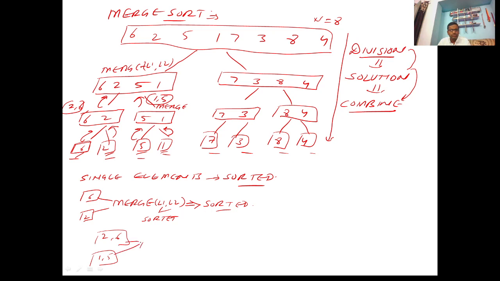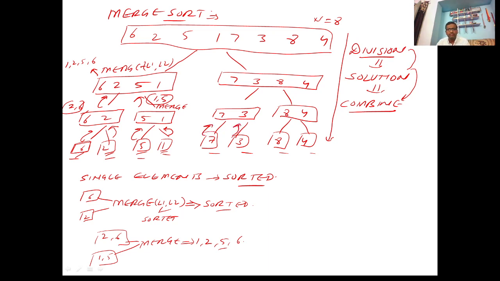They will be passed to merge, and merge will sort them and create a single sorted list. So 1, 2, 5 and 6 will be generated. The output from the call of merge at this node will result in the list 1, 2, 5, 6.